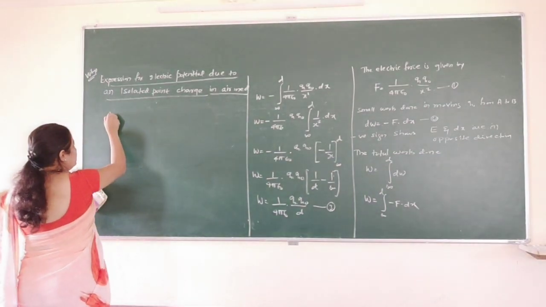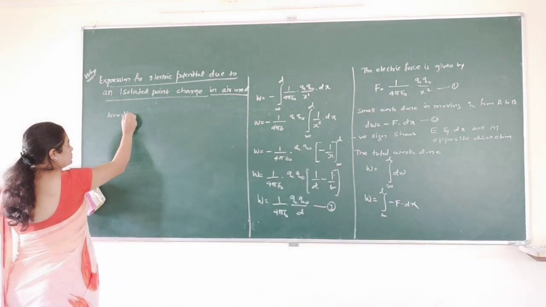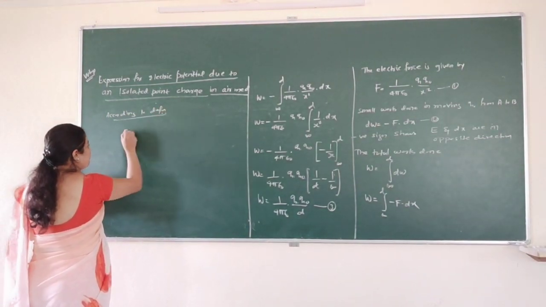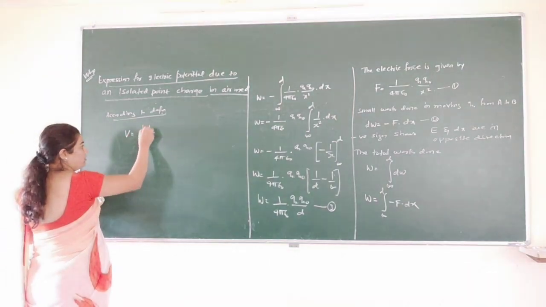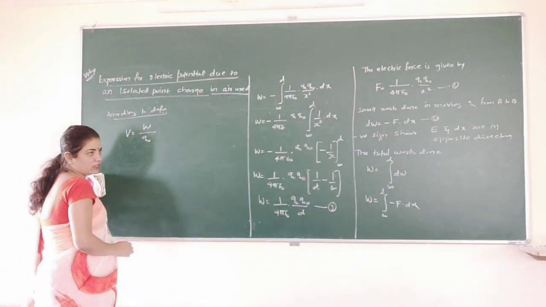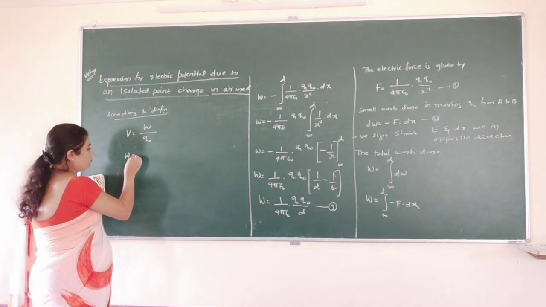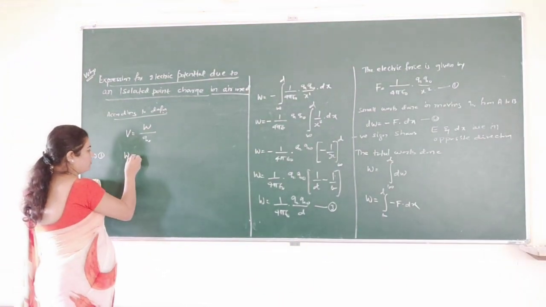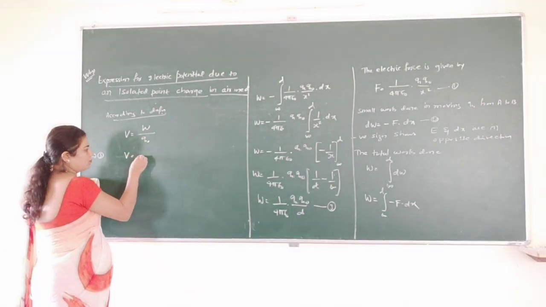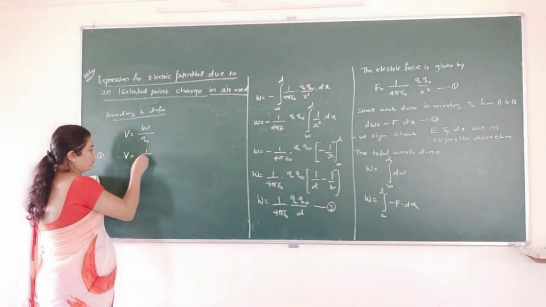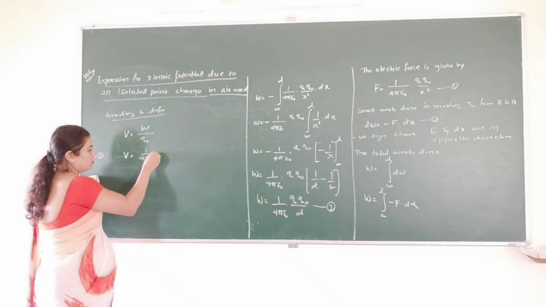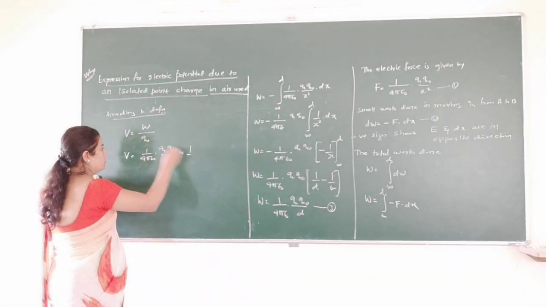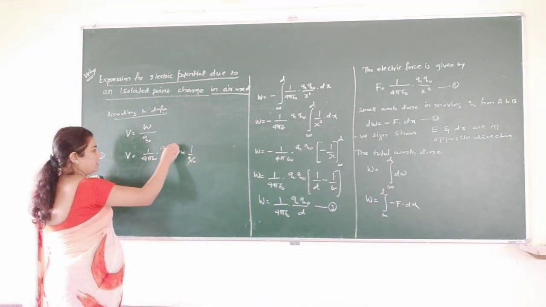Now according to the definition, electric potential is the work done to bring a unit positive charge. So from 3, V equal to W divided by Q0, which is 1 divided by 4 pi epsilon naught Q Q0 divided by d into Q0, so Q0 cancels.